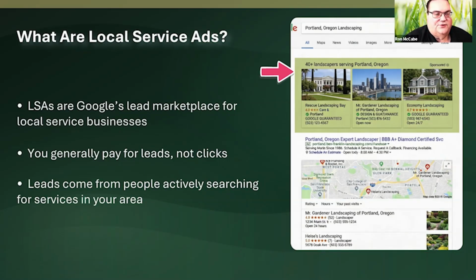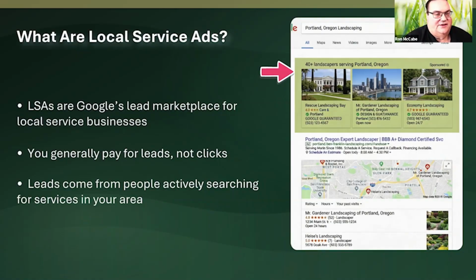Local service ads are highly automated, and essentially you advertise by a service category. It's not a specific ad or ad group like Google Ads. You also pay for leads, not clicks.